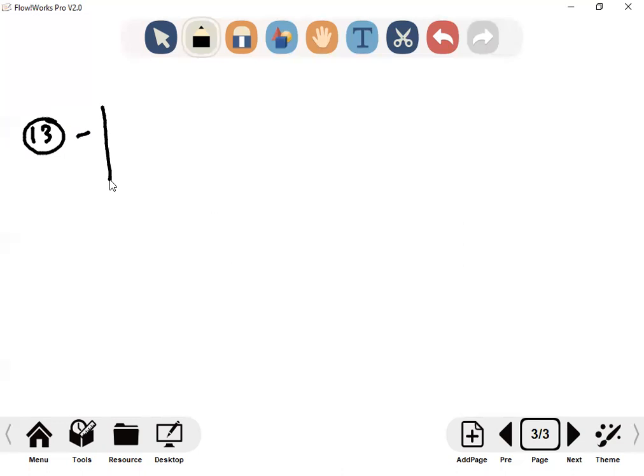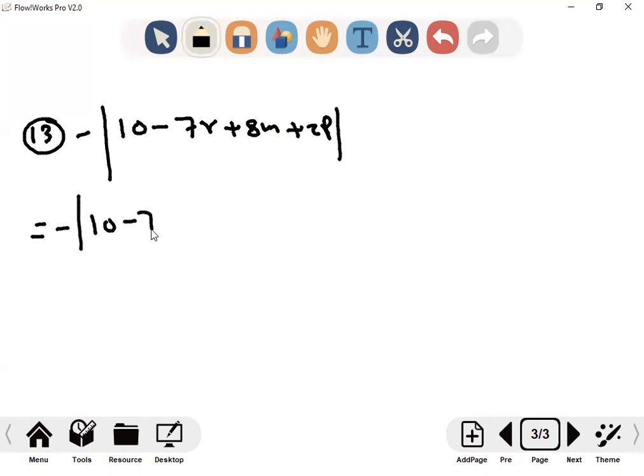Negative absolute value of 10 minus 7r plus 8n plus 2p. This is equal, the negative still outside, 10 minus 7 times r, which is 5, plus 8 times n, which is negative 4, plus 2 times p, which is 2, right?